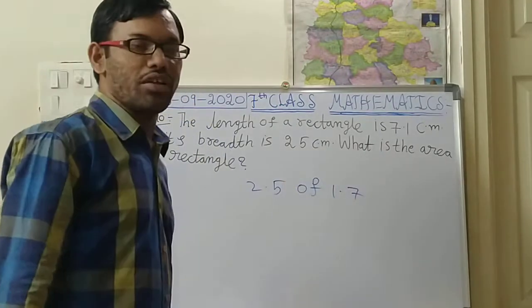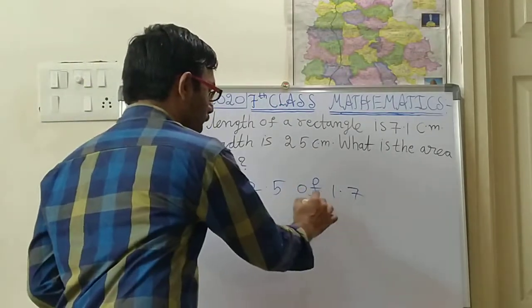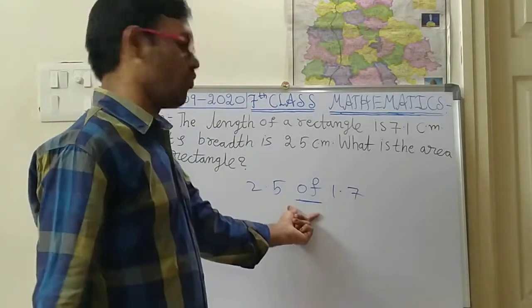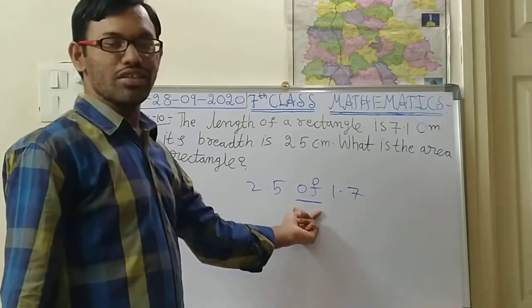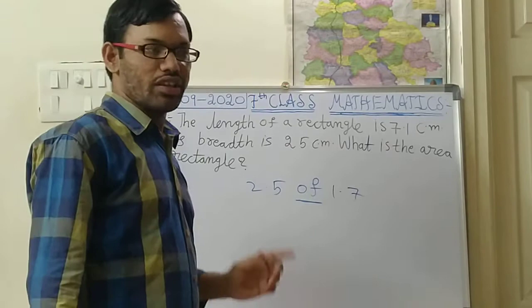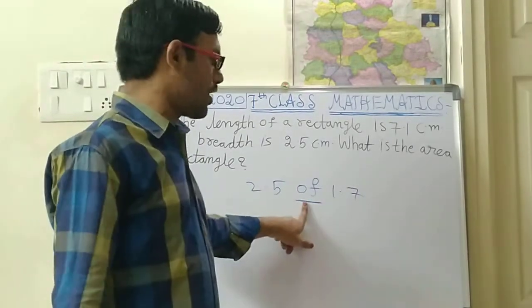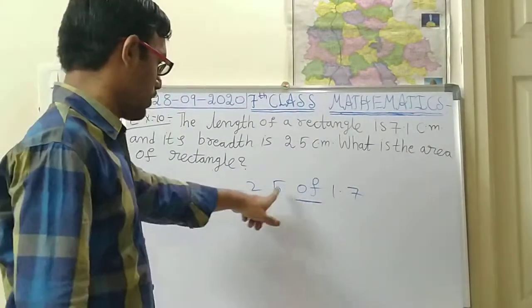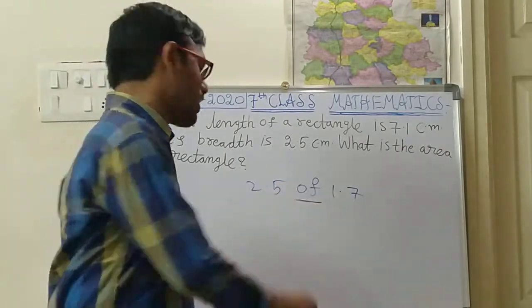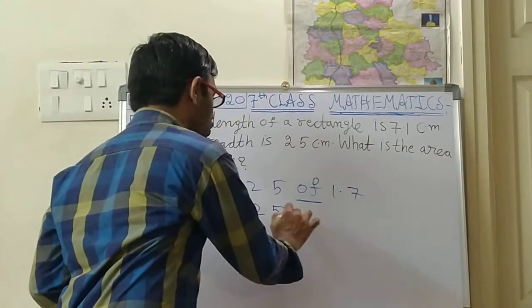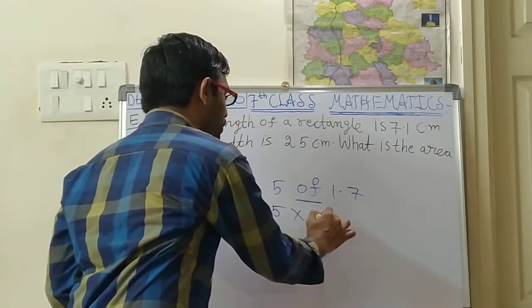For multiplication we have a sign word, "of". "Of" means multiplication. In fractions you should think that "of" means multiplication. So 2.5 of 1.7 means 2.5 into 1.7.